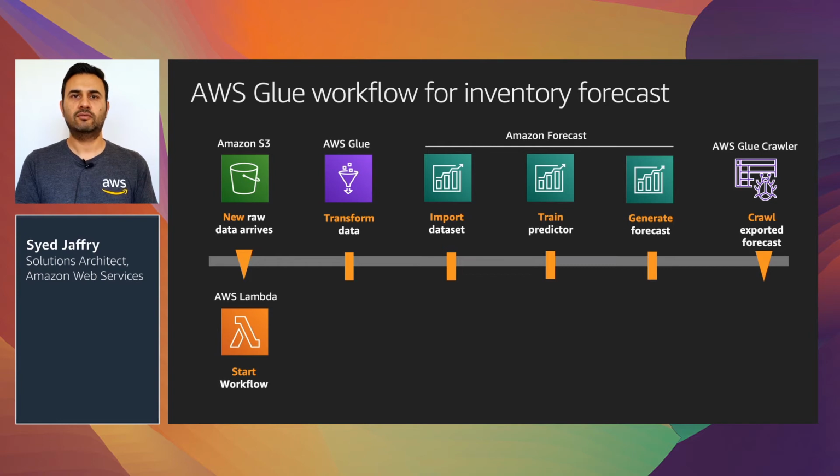After that, the Glue workflow will kick off the three individual steps of Amazon Forecast, namely importing the data into the service, training the predictor on the data, and then generating a forecast and exporting the results out to the published bucket. And finally, the workflow will kick off a crawler to run on the exported forecast dataset so that it's usable via SQL and Amazon Athena and visualized via Amazon QuickSight.